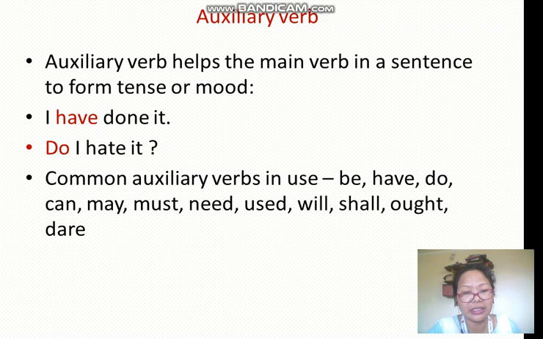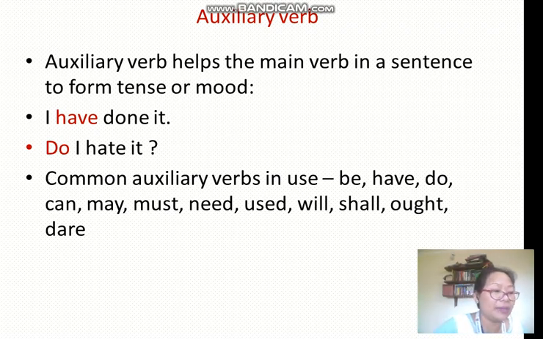Okay, you can write this down because all the slides before this I have already shared with you in the previous class. This is a new slide, so new study material. I would want all of you to write this down. Please remember these auxiliary verbs.